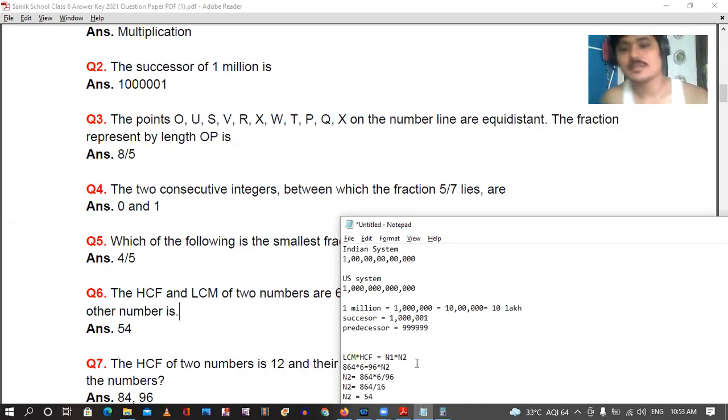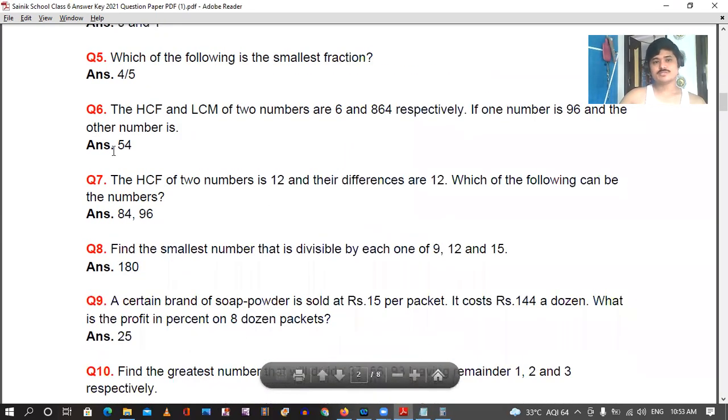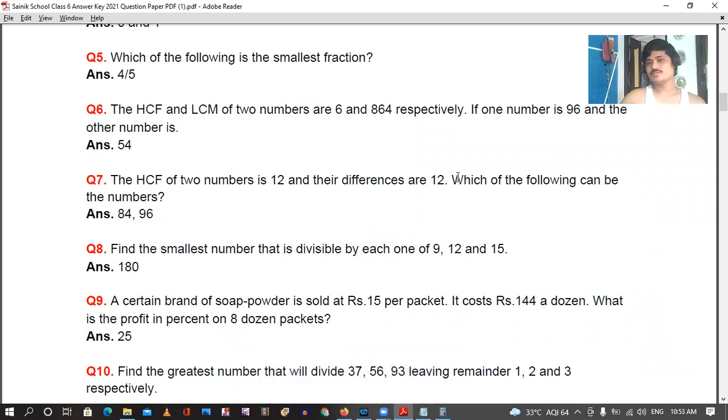That's how you have to find it. The main thing is this: the multiplication of two numbers is equal to the multiplication of HCF and LCM. Question number 7. The HCF of two numbers is 12 and the difference is 12. Which of the following can be the numbers?